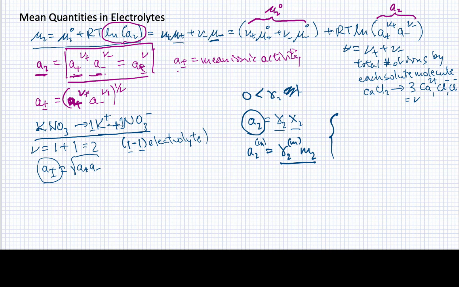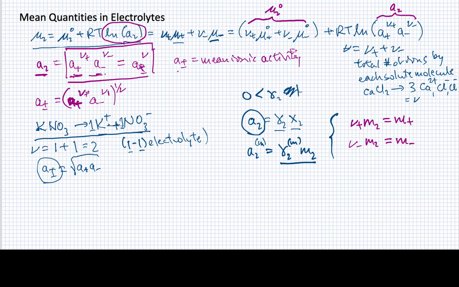Remember that each A2, or each solute molecule, is going to produce V plus of the positive ions, and so that will be multiplied by the molality of A2. That would be, in essence, what our molality for the positive ions will be. Similarly, the molality of the solute times V minus is going to give me the molality of the negative ion.